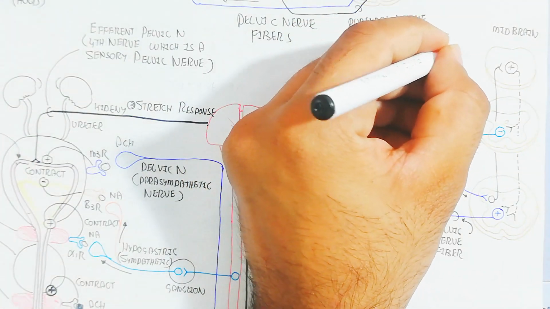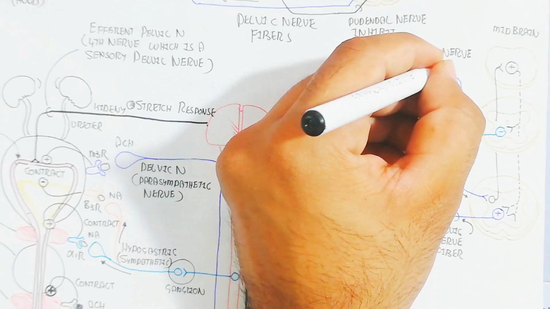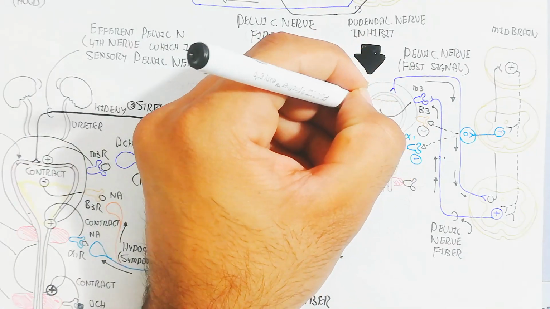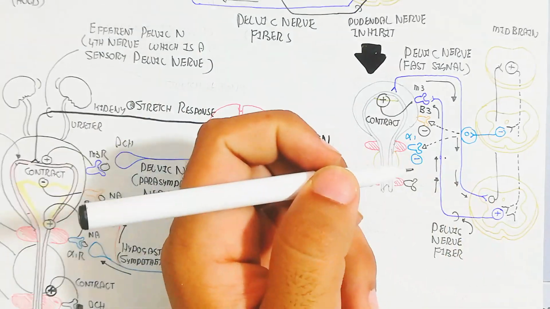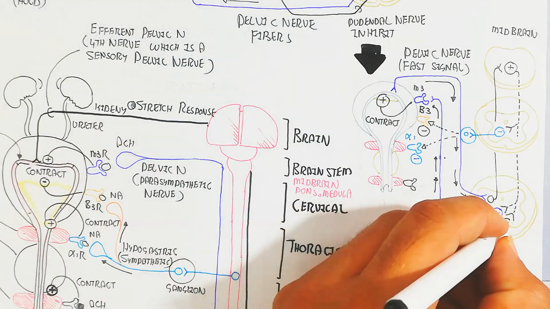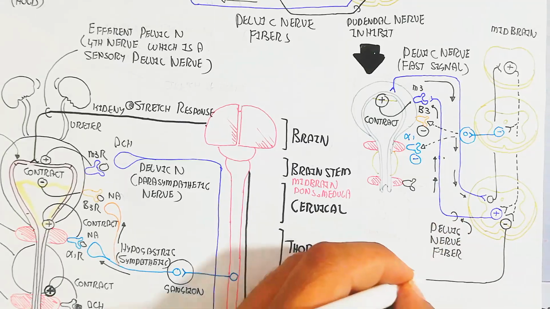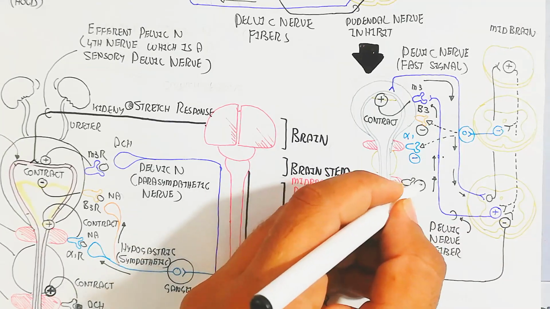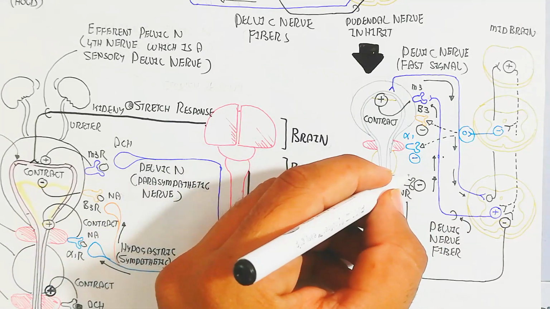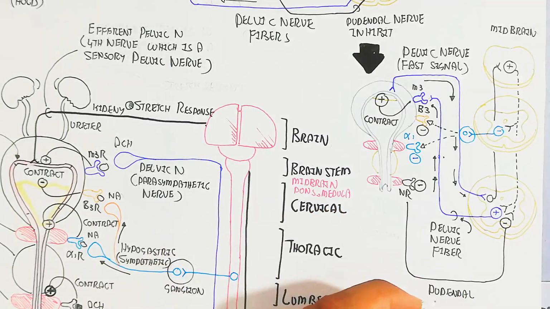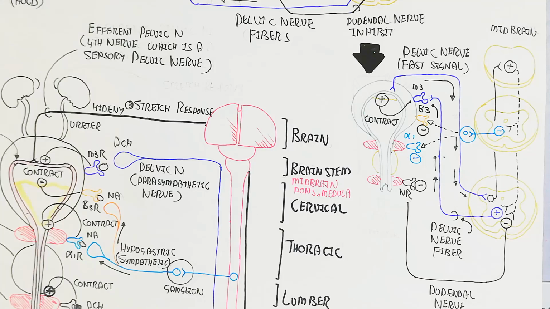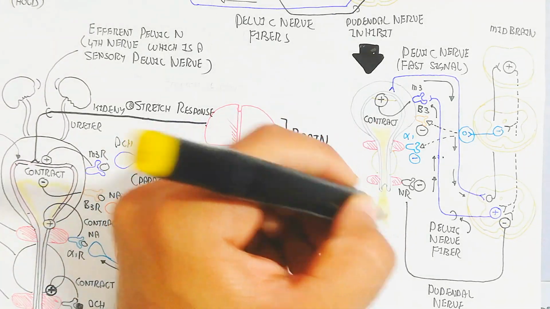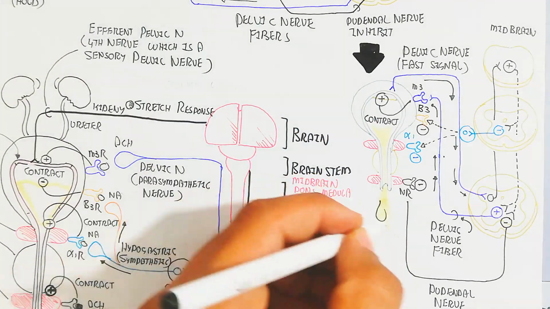The pelvic nerve fiber will fire more to the M3 receptor to contract the bladder, and whenever we want, the pudendal nerve will not stimulate, and the nicotinic receptor will not bind. Relaxation of the external sphincter muscle will lead to peeing out, and the bladder contracts due to M3 receptor stimulation through the pelvic nerve fiber.